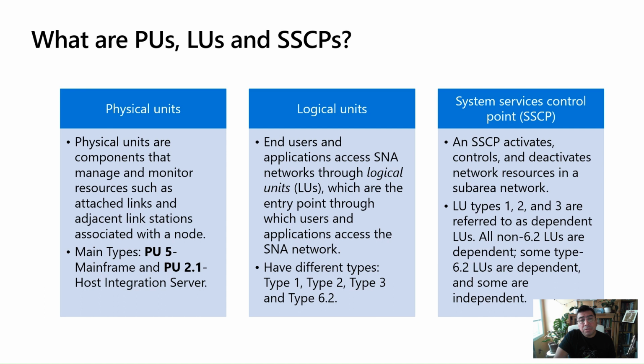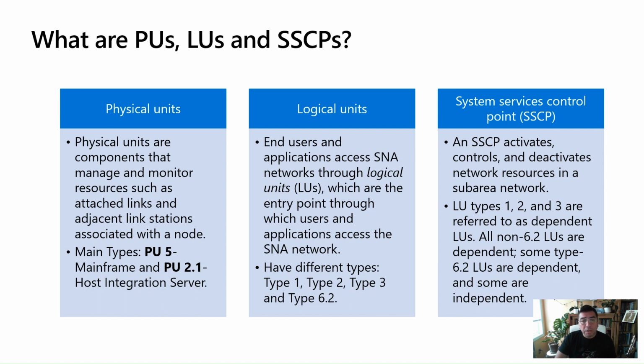End users and applications access SNA networks through logical units. They are entry points through which users and applications access the SNA network, and they are of different types. If the physical units represent devices like hardware, we can think that logical units represent applications, so there are different types of logical units needed depending on the context for the integration.